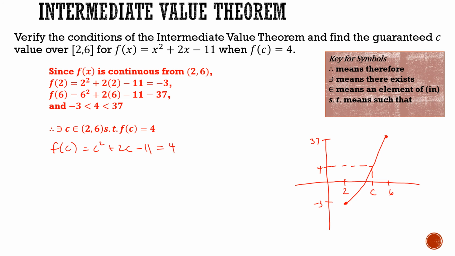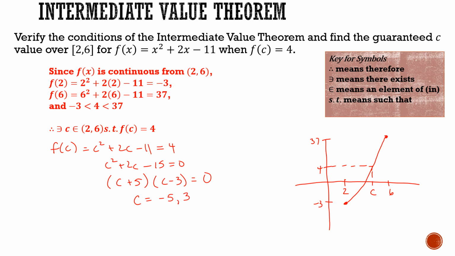And then just using algebra, I can say c squared plus 2c, subtracting the 4, so minus 15 equals 0. Then I would go about factoring this. So it looks like 3 and 5, c plus 5 and c minus 3 equals 0. And then I know that c equals -5 and 3.